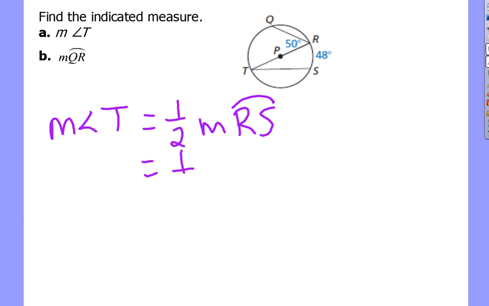Well, the measure of arc RS is already 48 degrees. So that means the measure of T would be 24 degrees.